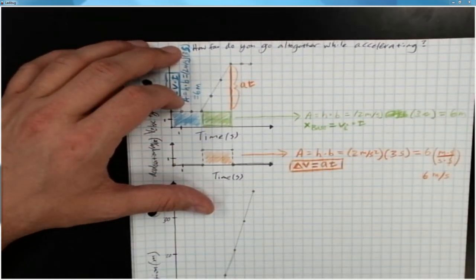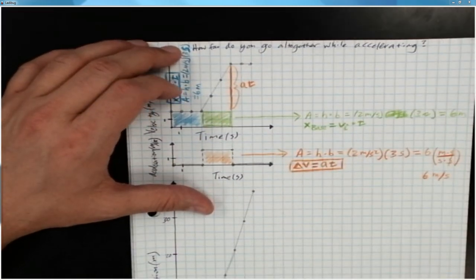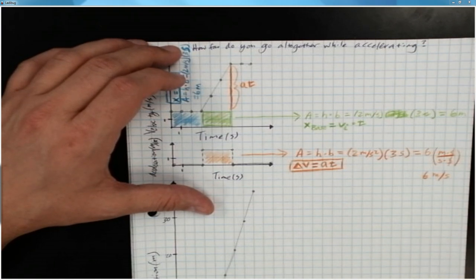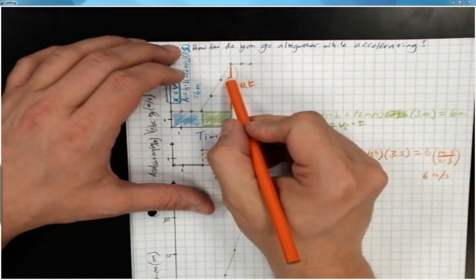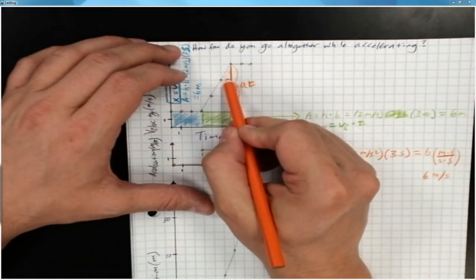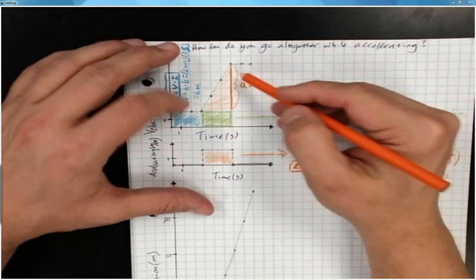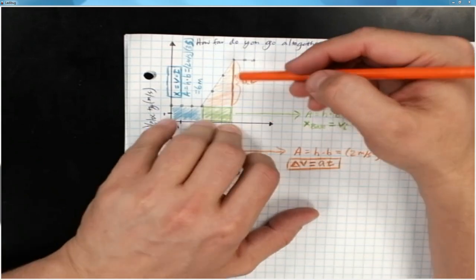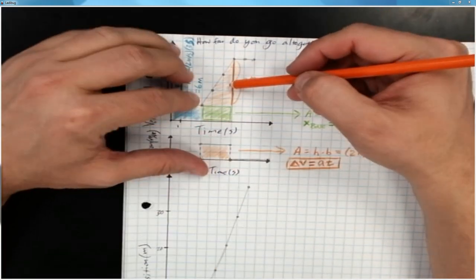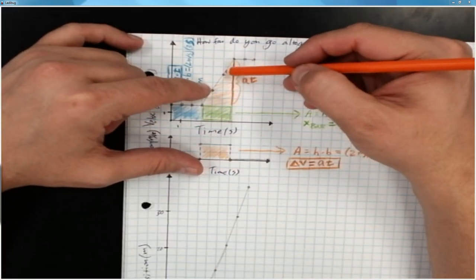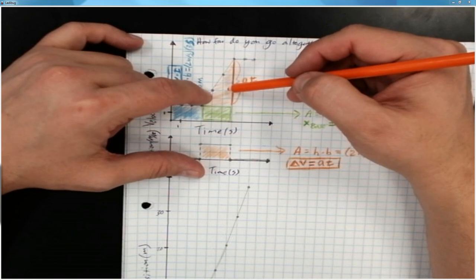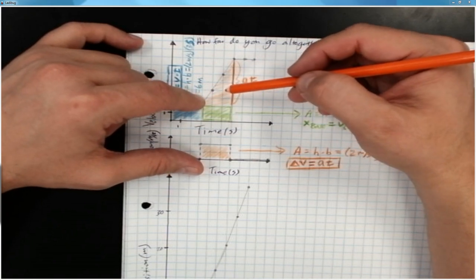What if I wanted to find the area here? What would this represent? Okay, so this, kids, would represent the extra distance that I would go caused by me speeding up.